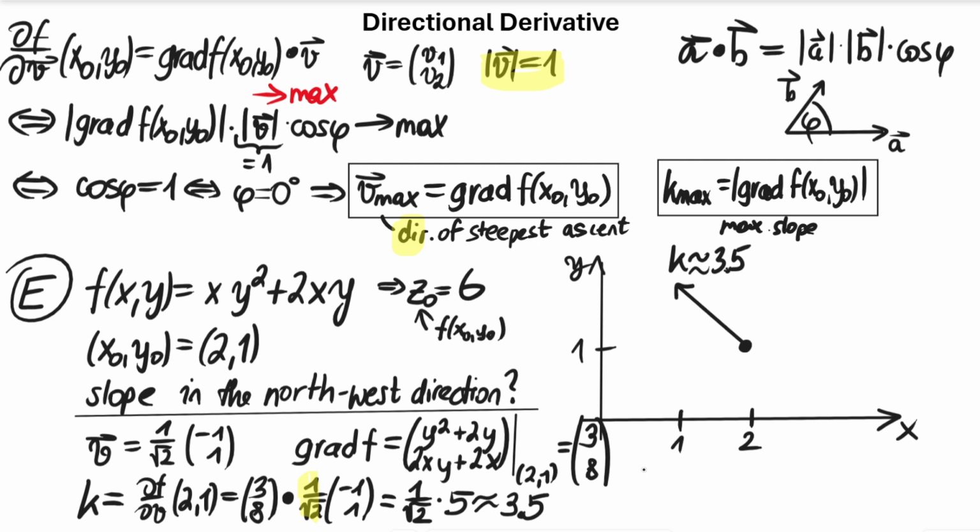So what is the direction of the steepest ascent here? It is the gradient, so I can directly write here this is Vmax.